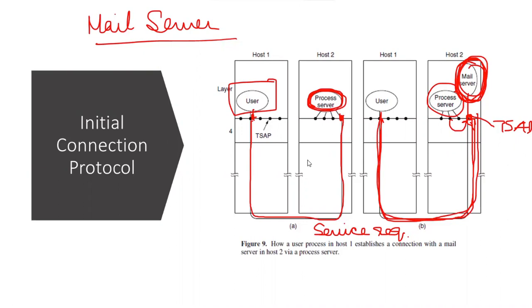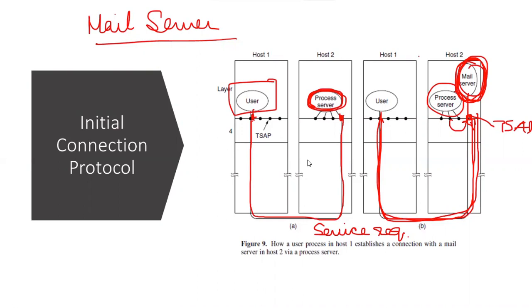That means rarely used processes will not have to be constantly monitoring the TSAPs, the access points, to see if there is any incoming request. And once this connection is made, you can see this particular scenario.